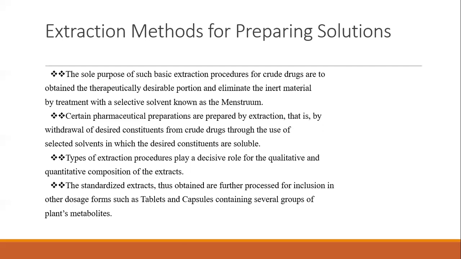Certain pharmaceutical preparations are prepared by extraction, that is, by withdrawal of desired constituents from crude drugs through the use of selective solvents in which the desired constituents are soluble. For example, peppermint spirit. In peppermint spirit, the extraction is done by using alcohol.